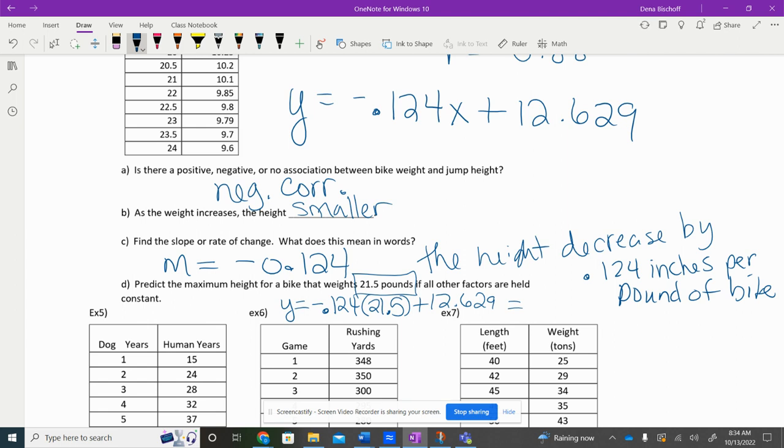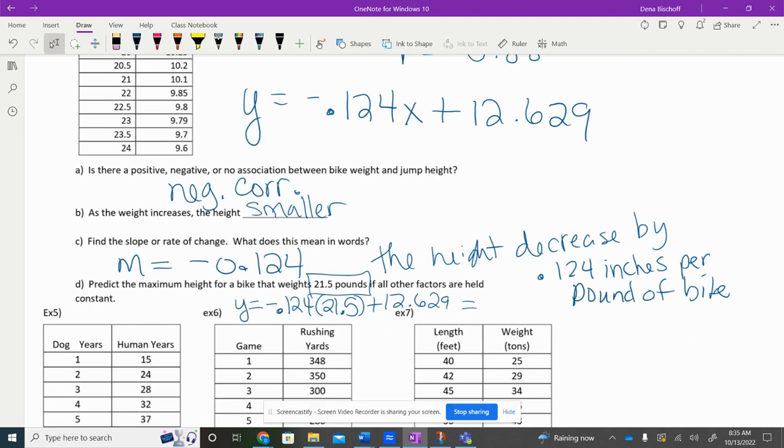If someone else has already done that, that's awesome. So I get that my maximum height is 9.963 inches. I know that's all crammed in together. That looks horrible. Does that make sense?